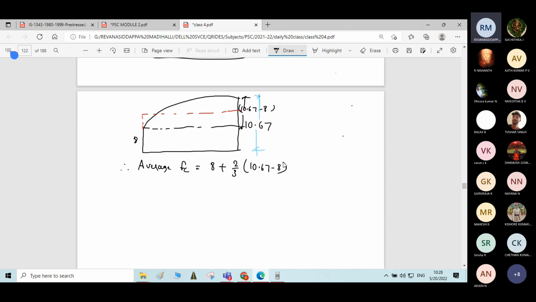In the coming calculations, friends, I will directly write this calculation and will not draw the diagram. The result is 9.78 Newton per mm square.